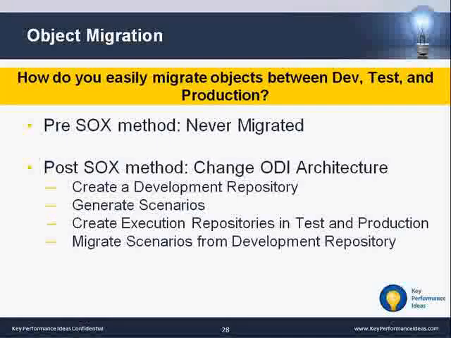And then test and production will be execution-only repositories. So we'll migrate these scenarios, or basically packaged up code, up to test, up to production, and then we'll execute them in production. And there's going to be no development. There will be no designer in test and production, so you won't even have the possibility of editing your code in test and production. So the only edits you can make are in development.